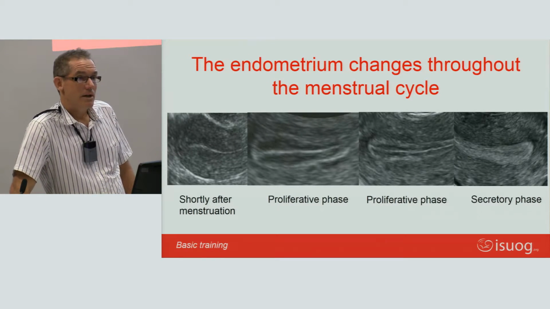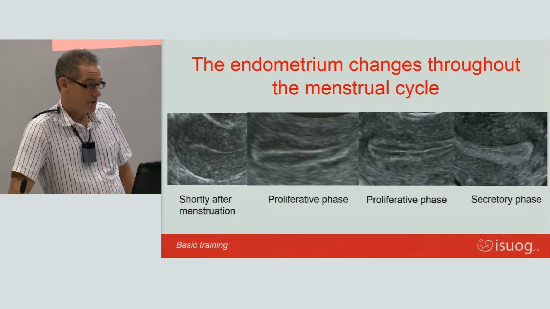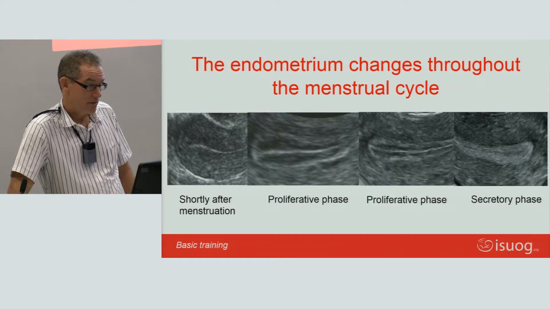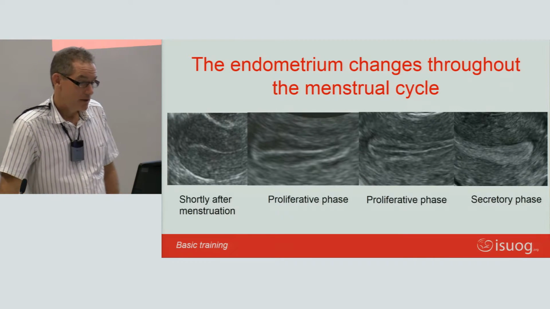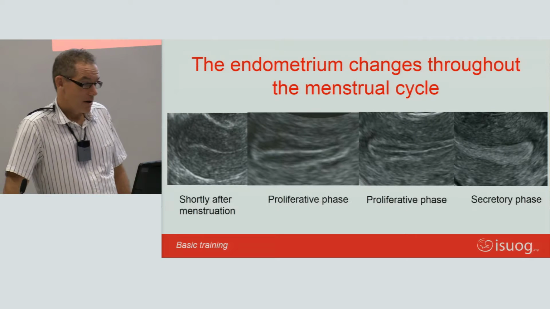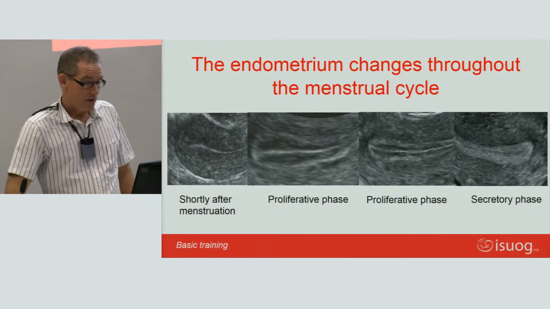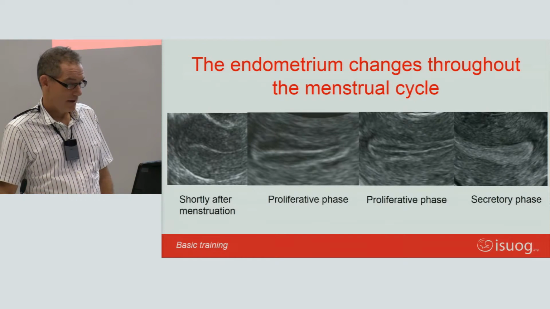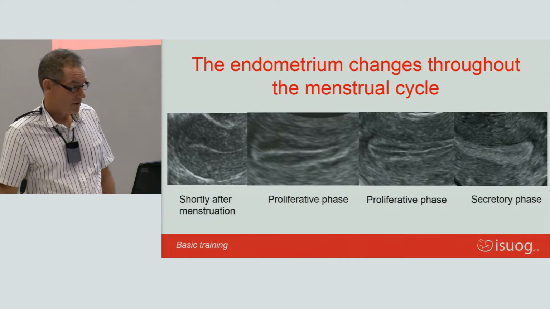At the time of ovulation, there's normally a little spurt of progesterone, and that leads to a thickening of that endometrium. And in the secretory phase, you get a loss of that triple layer appearance, and you get the hypoechoic solitary endometrium that you're seeing there.